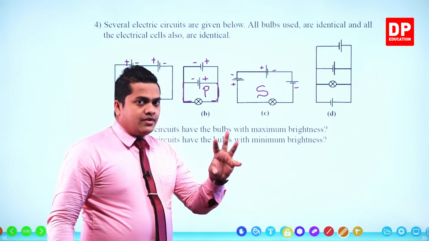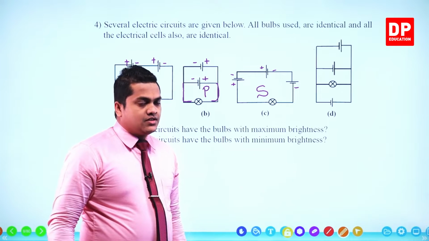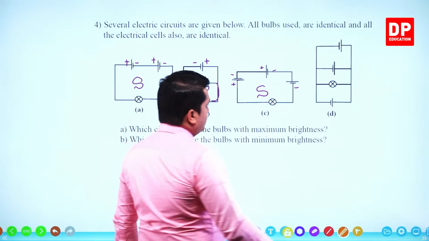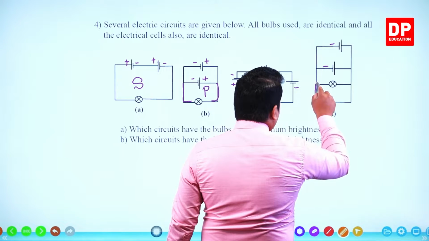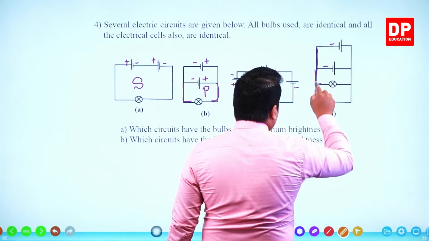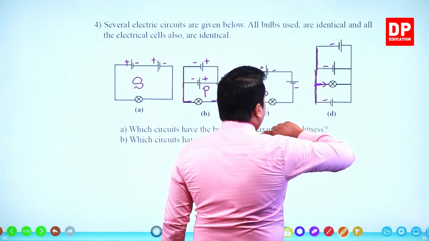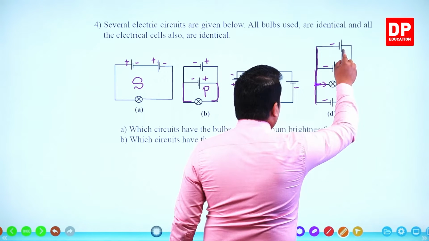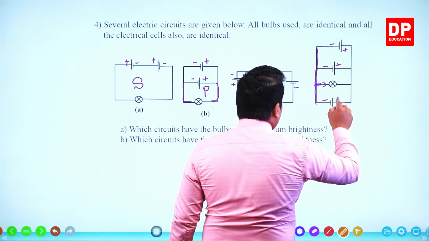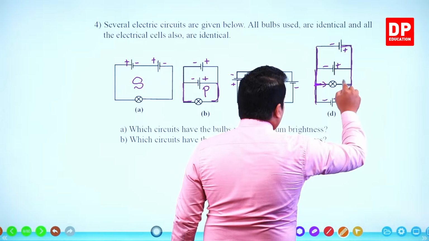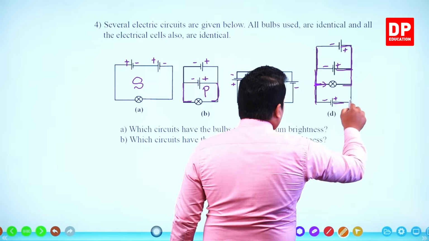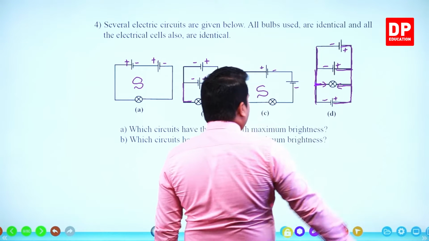One to the other through different terminals. Here negative, negative, negative, all three are joined together to pass towards the bulb. Positive, positive, positive, all three joined together to pass towards the bulb.